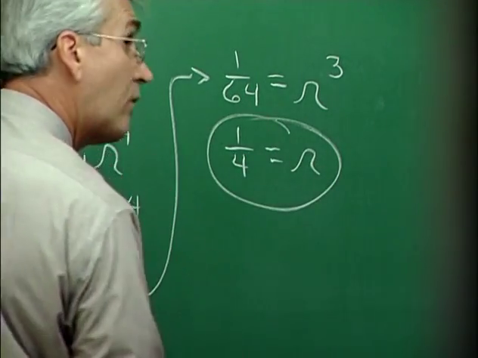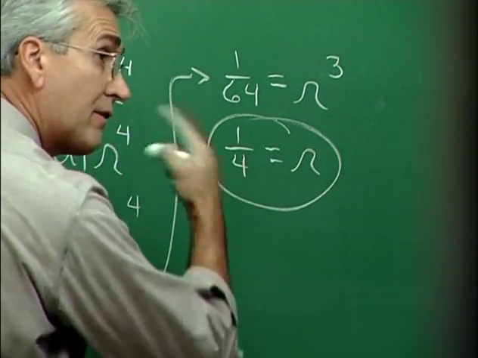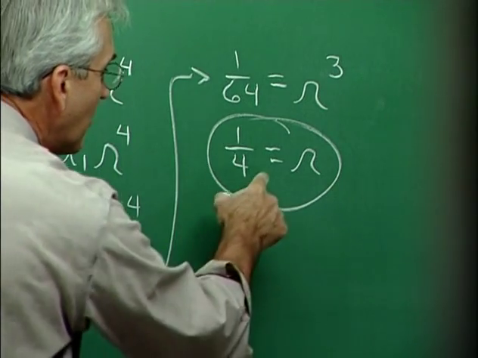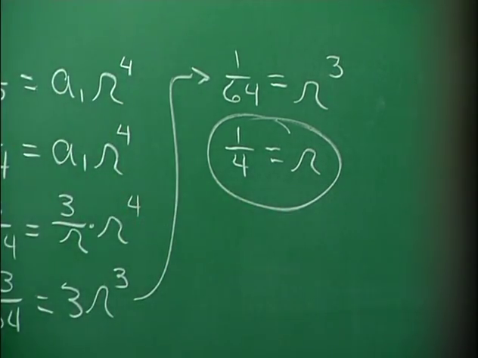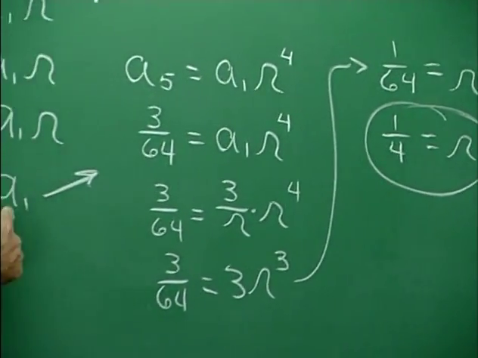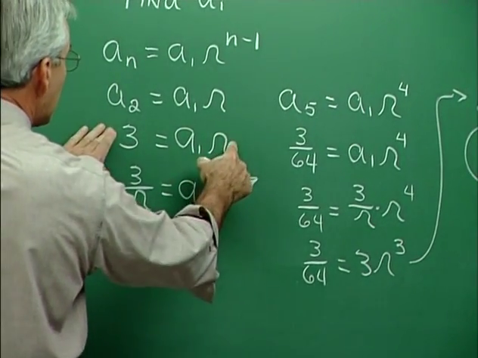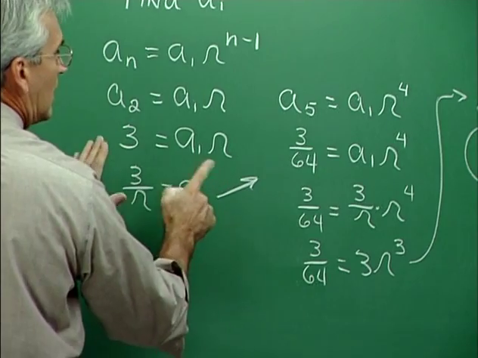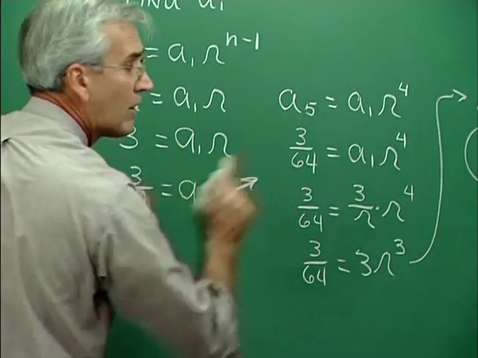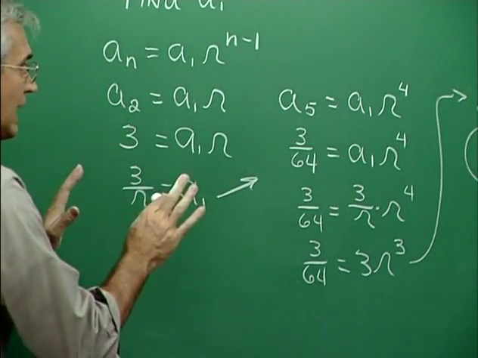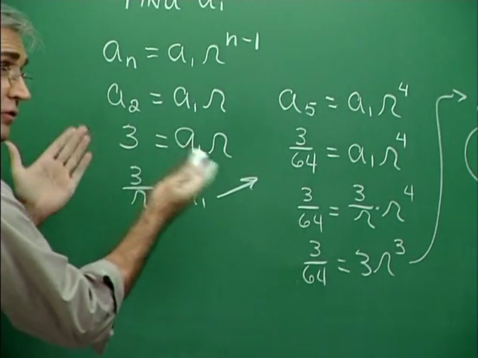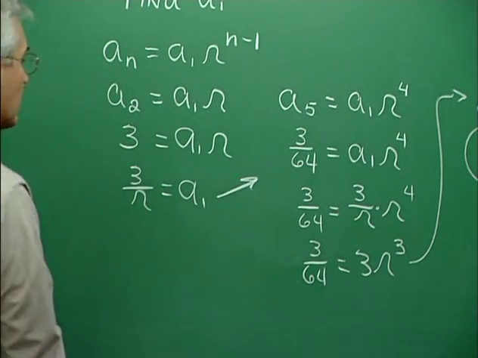Well, if r is 1/4, then I can find the other variable, the a sub 1, by using this information back over here. We know that a sub 1 is 3 over r. Now, I could use the information here, here, or over here if I wanted to. But at any rate, I just plug that back into some form that has both variables in it.